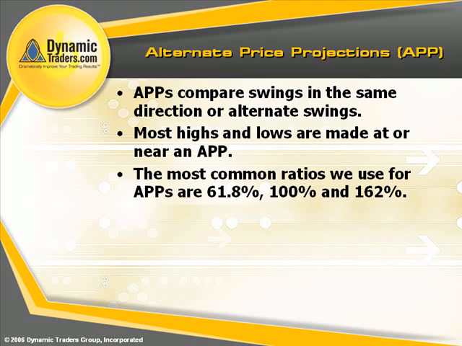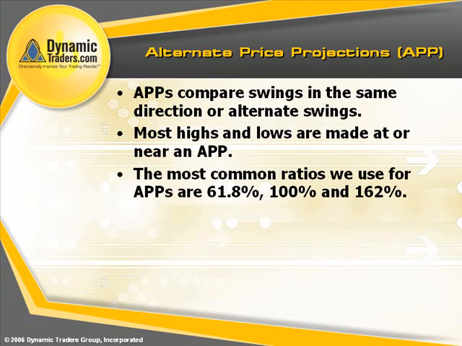Now the 62% is above the market, so it's irrelevant. And the 100%, it's kind of like that last example we had. The 100% is right over the 38.2% retracement, and the 162%, which is usually the maximum alternate price projection, is closest to the 50% retracement. It's above the midway point between the 50 and 62.